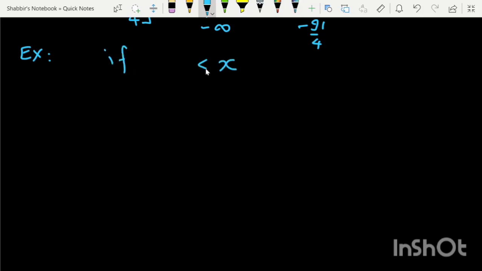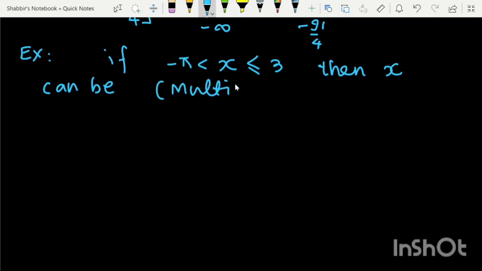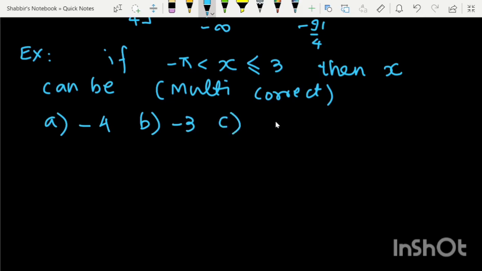If x is in minus pi to 3, then x can be, this is a multi-correct question. a, minus 4; b, minus 3; c, 3; d, 0. So how will we solve this, guys?